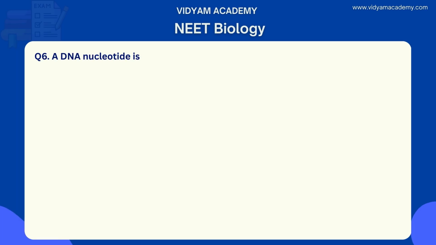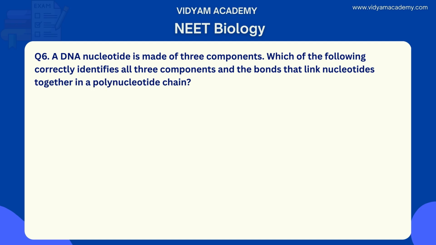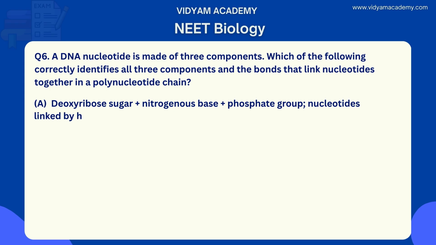Question number 6. A DNA nucleotide is made of 3 components. Which of the following correctly identifies all 3 components and the bonds that link nucleotides together in a polynucleotide chain? Option A, deoxyribose sugar plus nitrogenous base and phosphate group, nucleotides linked by hydrogen bonds between bases.